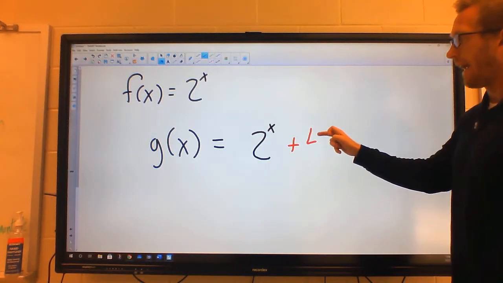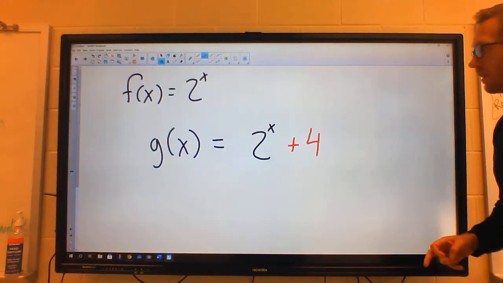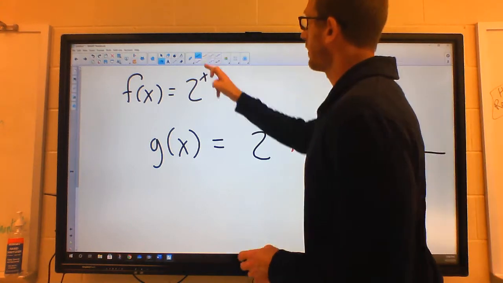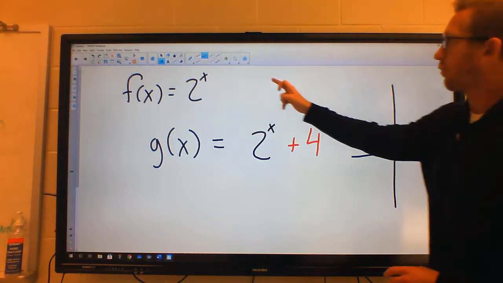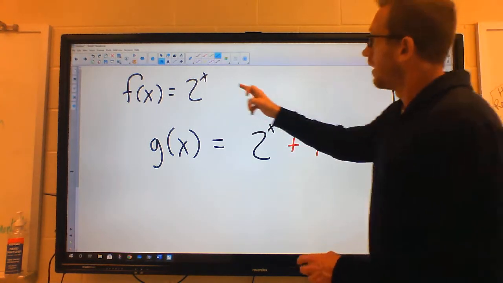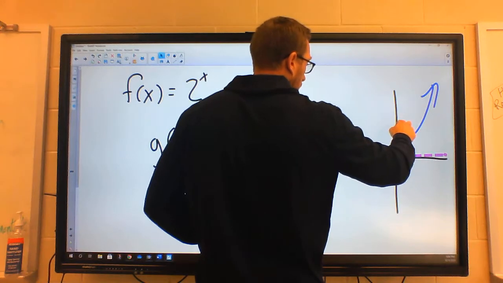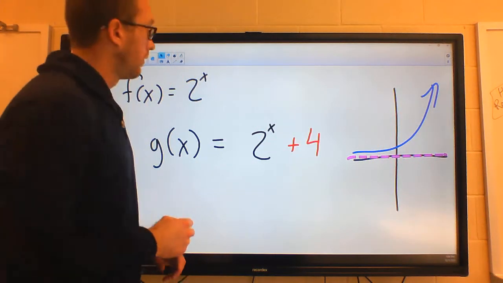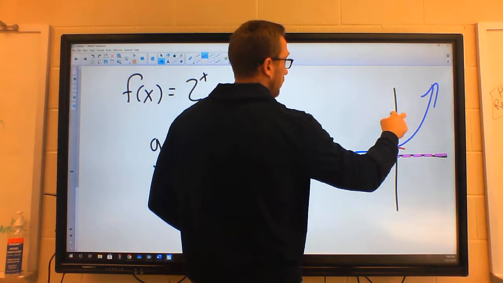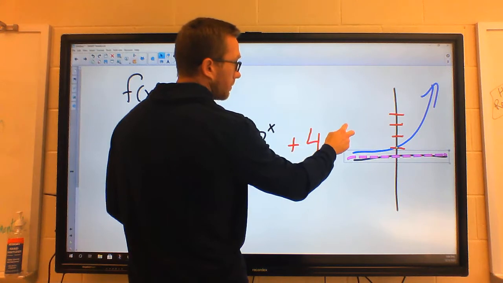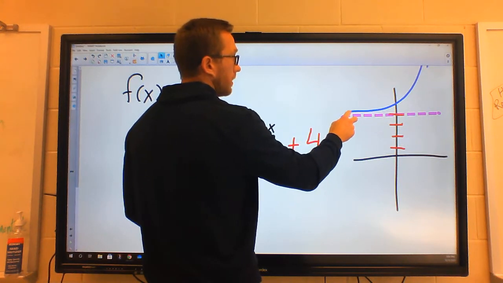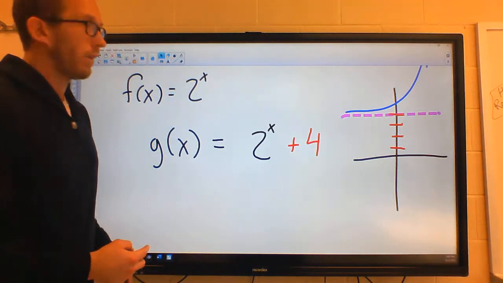Our asymptote is featured right there, all right? And our asymptote rises or falls based on whatever this number is. So what previously would have been a function that looked like this, a growth problem where our asymptote was at 0, has now been shifted up 4, meaning the asymptote has moved up 4, because this is the location of the asymptote, and our function has been moved up 4, okay?